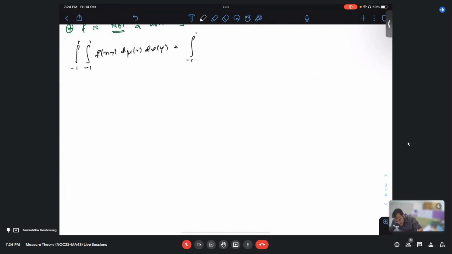So this is again minus 1 to 1, minus 1 to 1, xy over (x square plus y square) whole square, d mu x, d mu y. Except for, well, when the denominator is non-zero. So for when y is equal to 0, x cannot be 0. x equal to 0, y cannot be 0. So that is the case. But anyway, we can think of integrating it this way because removing one point doesn't matter.